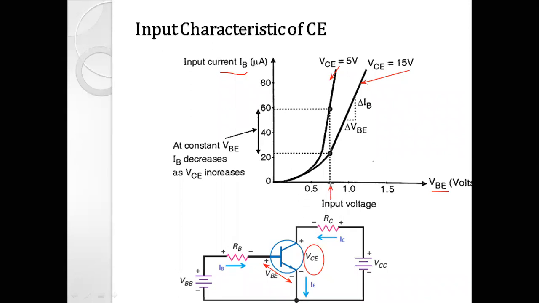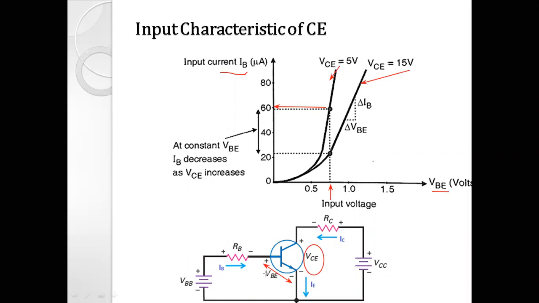Input voltage is kept nearly constant at 0.75, and when VCE is equal to 5 volt, you can see that the input current is 60 microampere, right? Let us keep VBE at 0.75 as it is.